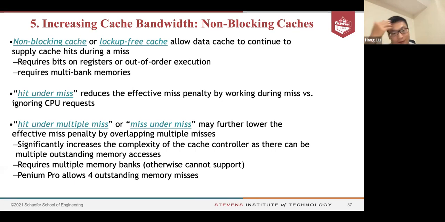That requires a lot of banks, because otherwise, if you have multiple misses, you're probably going to have a problem. Why? Because you're probably going to have to serialize multiple misses. So in this case, we need multiple memory banks so that we don't have to serialize the requests.